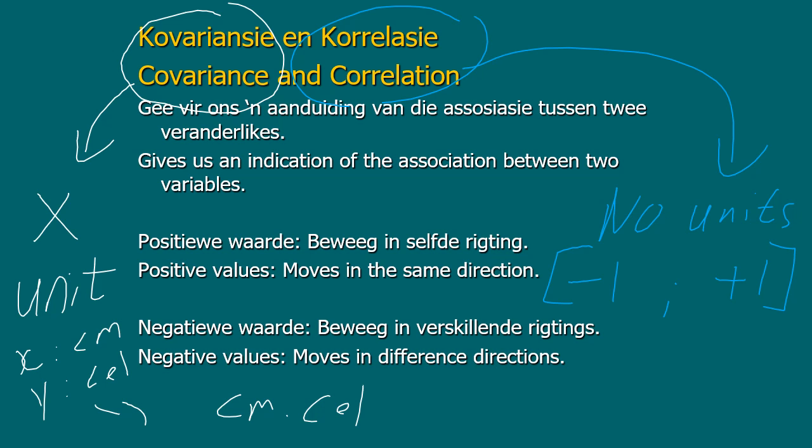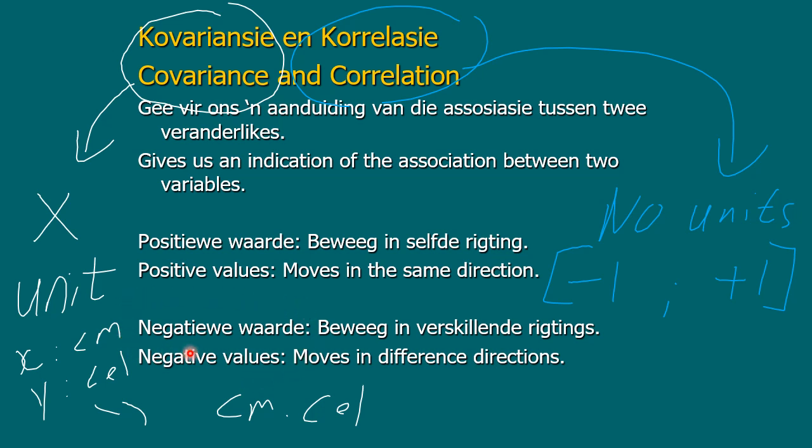If your covariance or your correlation is positive, it means they move in the same direction. So if one variable goes up, the other one will go up as well. If it's negative, the one goes up, the other one goes down. That may be good to know in practice, especially the negative one.